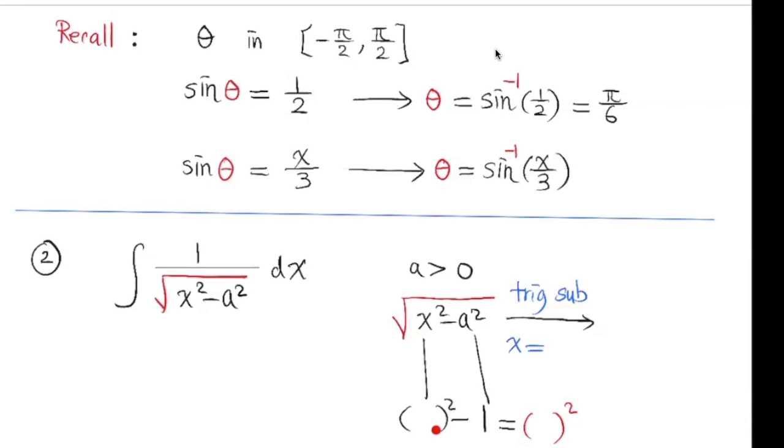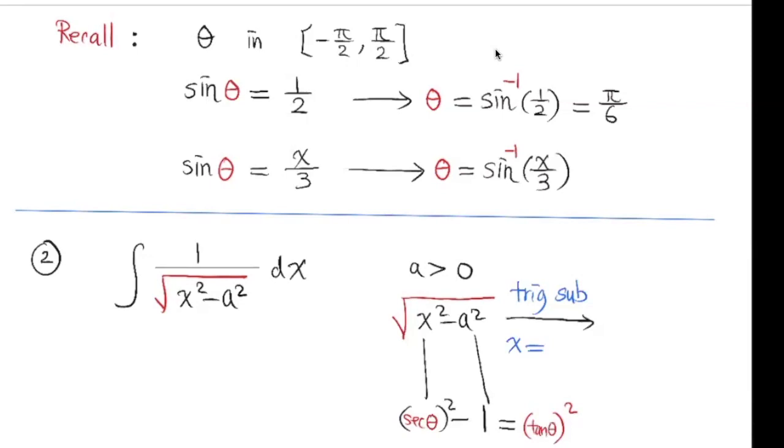Is it the same one as secant? Secant squared minus 1 equal to tangent squared, right? So over here is secant squared theta minus 1 equal to tangent squared theta.